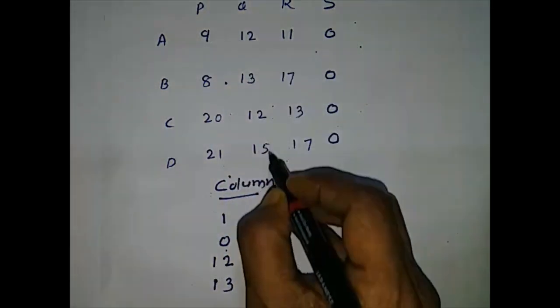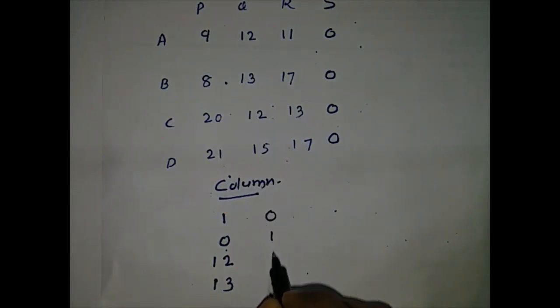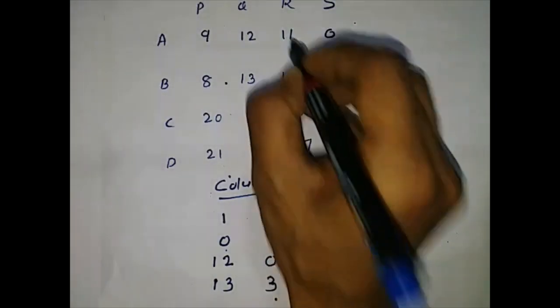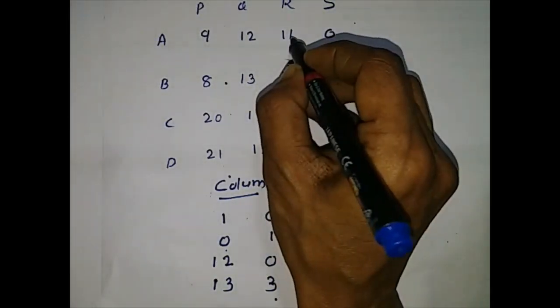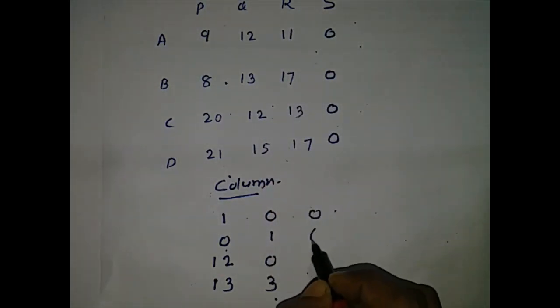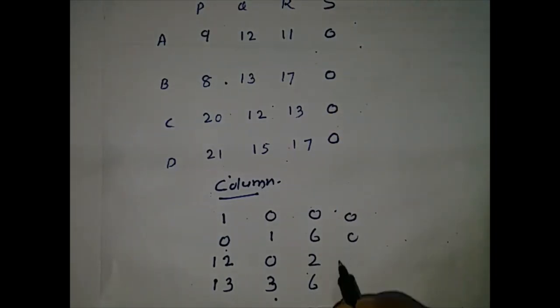From all elements subtracting 12. 13 minus 12, 15 minus 12. Third column minimum is 11. Subtracting 11 from every element of the third column. Last column, dummy column. Okay, so the first step, column wise minimization, is over.